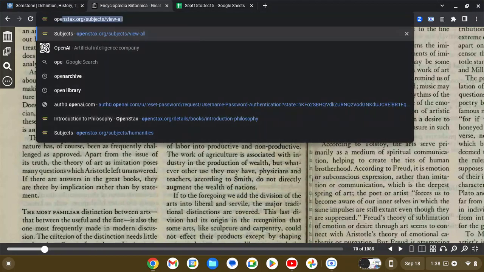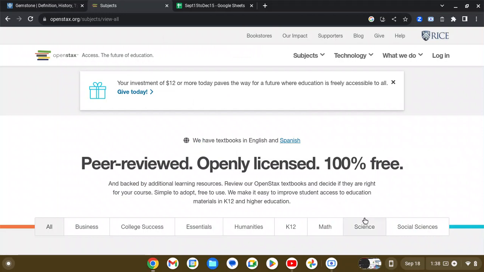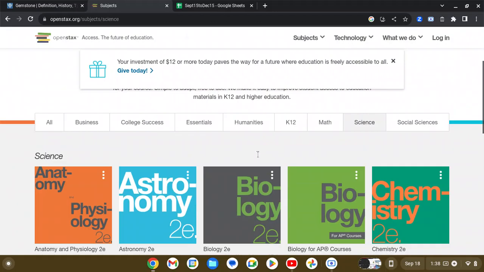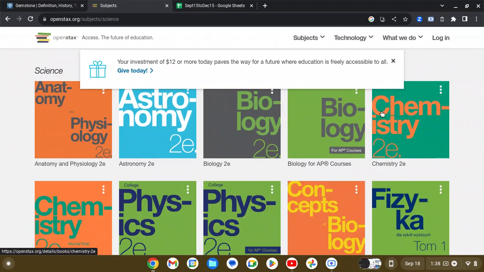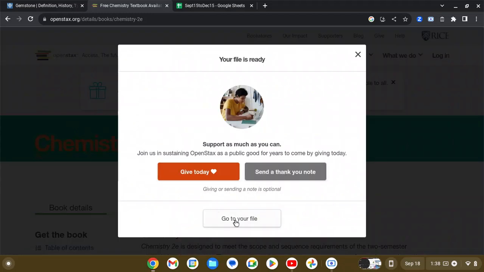So let's go OpenStax. Leave them on chapter 4. Science. Chemistry. Download. File. That guy.